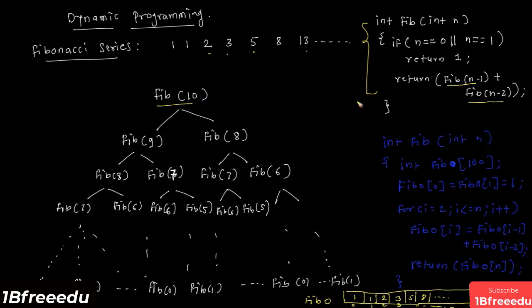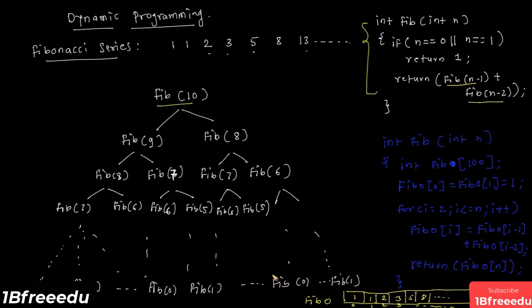The first call will be Fibonacci of 9, and the second call will be Fibonacci of 8. For each call, I'll have to execute this complete code. That is how the calls will be generated. And if you look at this tree, at the leaves of this tree, you will have only calls like fib of 0, fib of 1, fib of 0, fib of 1, etc. Only fib 0 and fib 1.